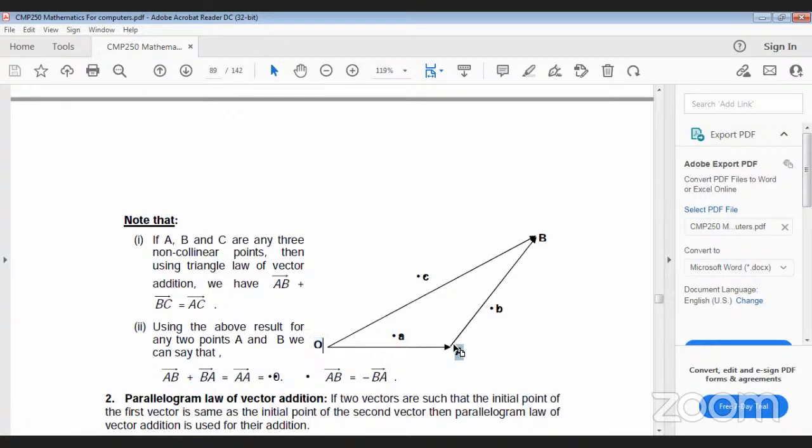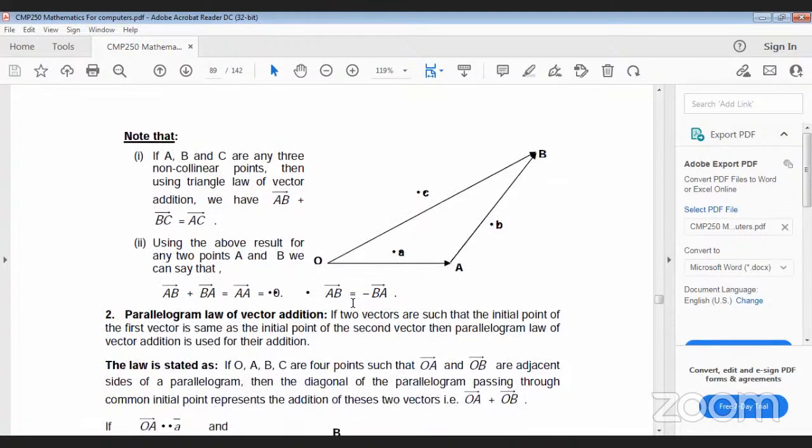See, this is the condition. They are not collinear, because at some point they are going to intersect. You can see it. So for that we are going to use this one. See, OA is A, AB is B, and OB is C.